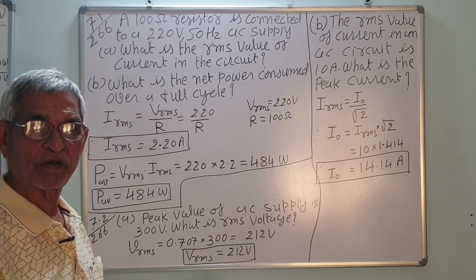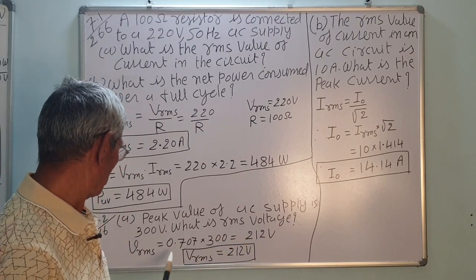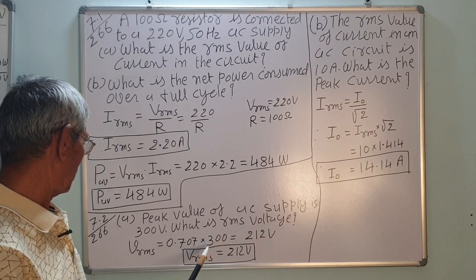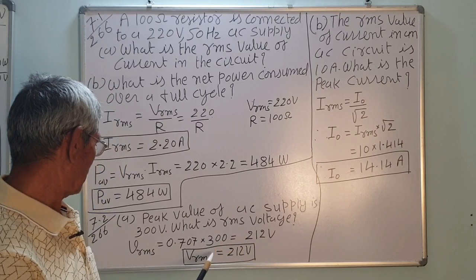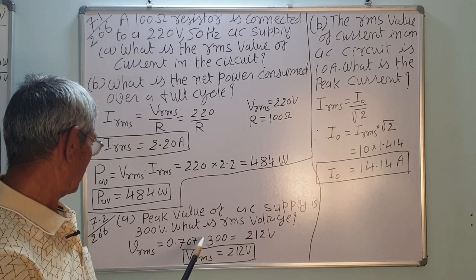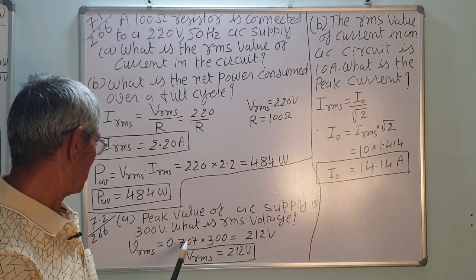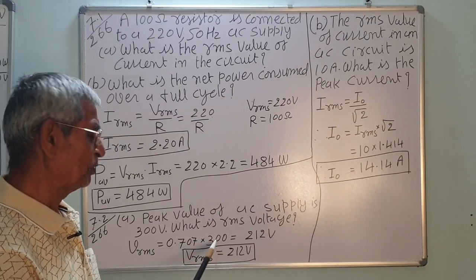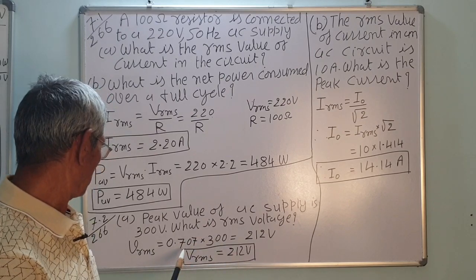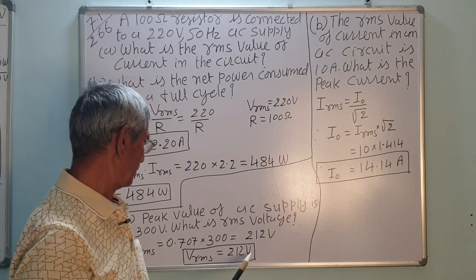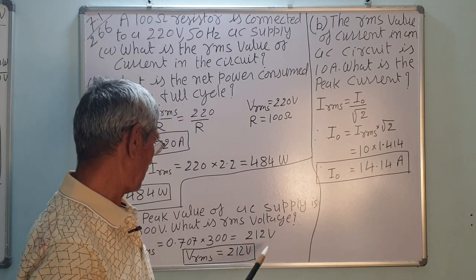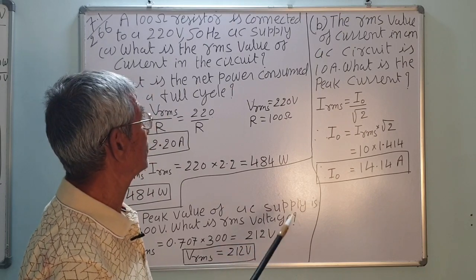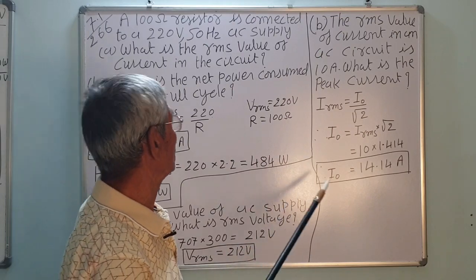So the RMS value is somewhat less than the peak value. So RMS is peak value upon under root 2, that is 1.41, so 1 upon 1.41 is 0.707 into 300. So RMS is 212. Remember, this is what we get in the mains. This is the RMS value, that is effective value or virtual value.